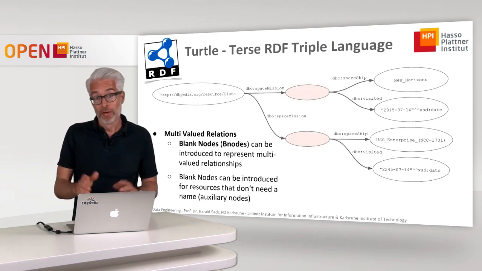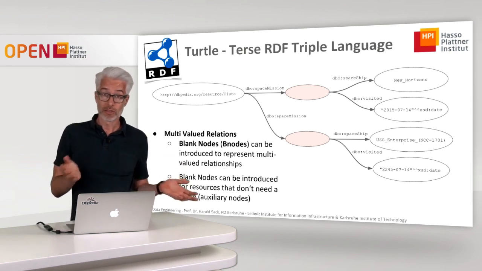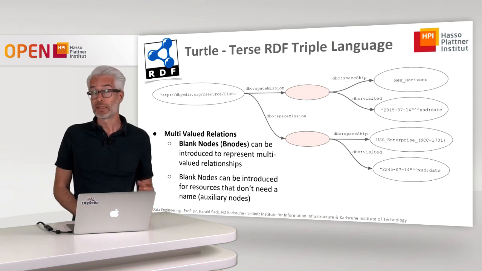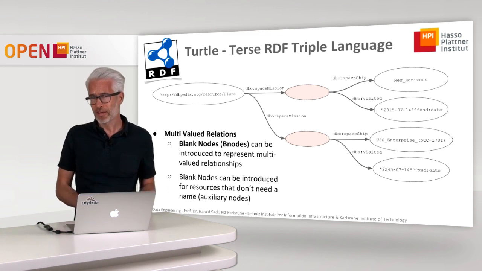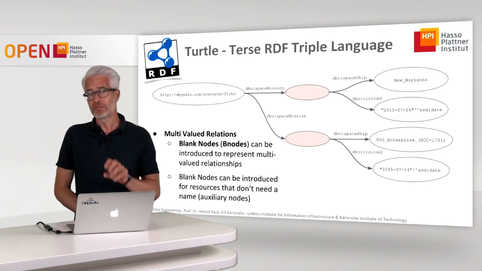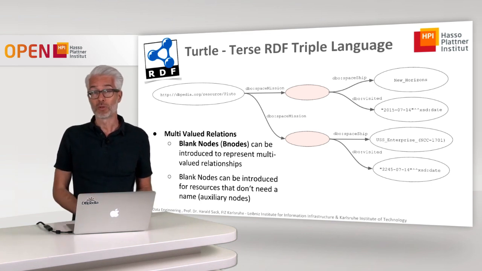Well, the solution looks like that. You remember that we have introduced in the last part of the lecture so-called blank nodes. And you might have wondered, for what reason do I need blank nodes? So to identify something which exists and I do not have the identifier for it. So multi-valued relations here are a perfect example for the use of so-called blank nodes.